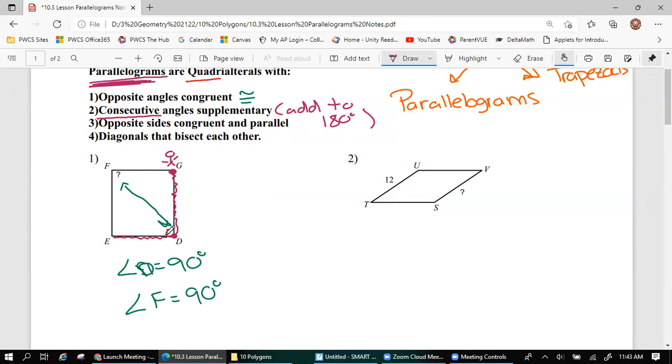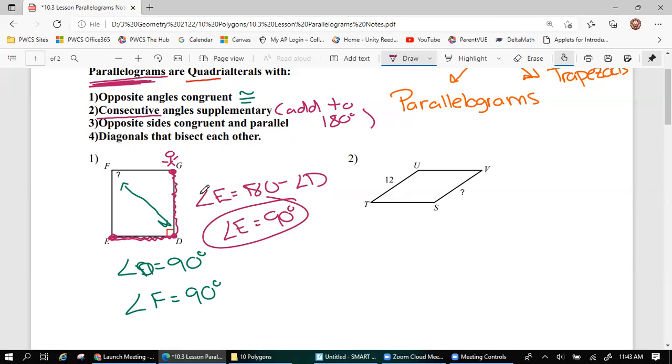So if D is 90, E is consecutive with it, that means they add to 180. So we could find angle E as well. Angle E is 180 minus angle D. And so that means it's also 90 in this case. So consecutive angles are going to add to 180.